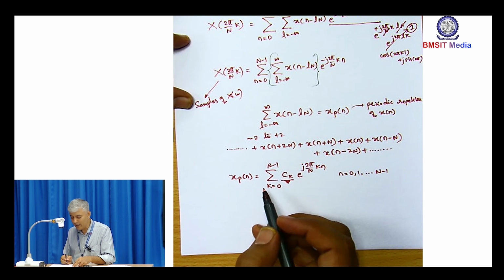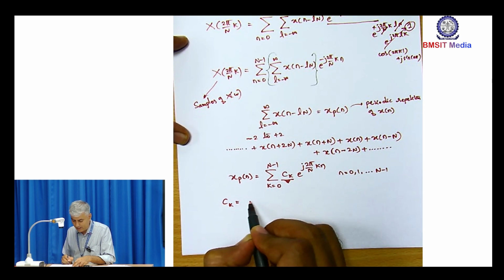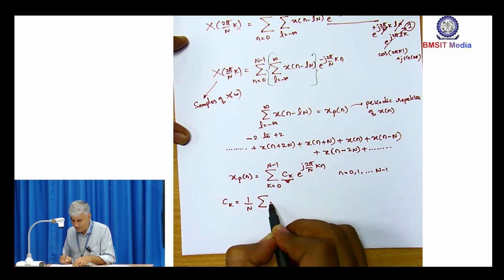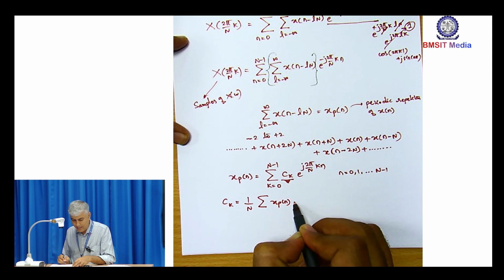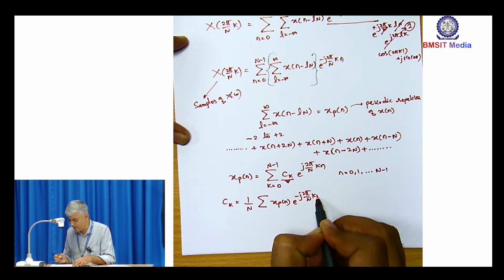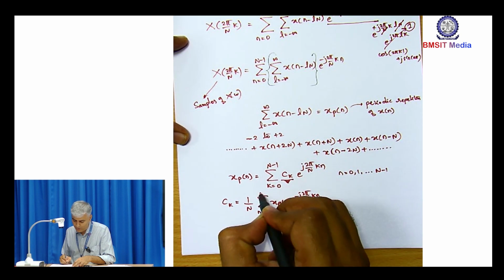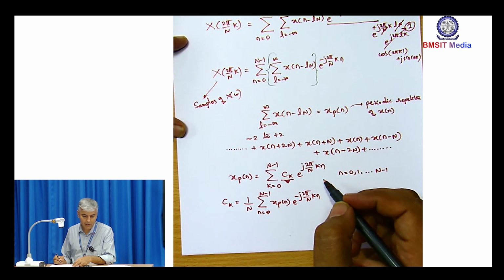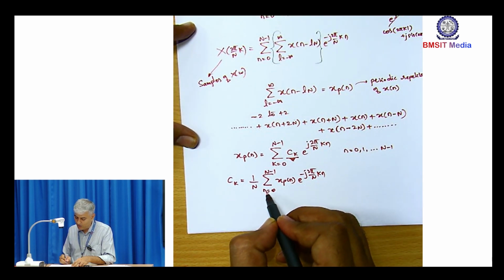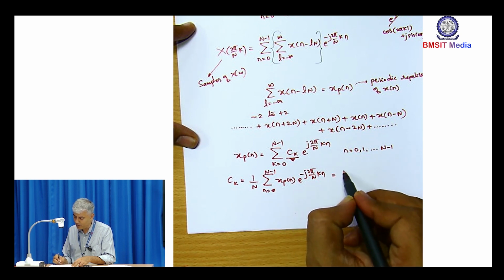And how do you obtain this Fourier coefficient? The Fourier coefficients ck can be obtained using this representation, that is 1 by n summation xp of n e raised to minus j 2 pi by n kn, with n equal to 0 to n minus 1. So, this is our Fourier representation. Now the term on the right hand side is nothing but our Fourier transform.